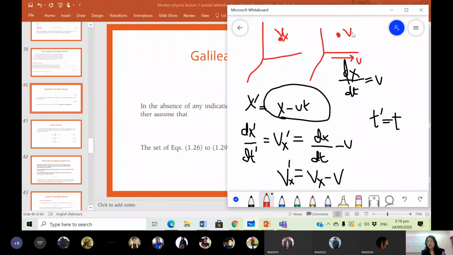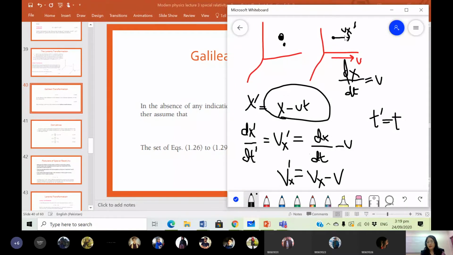Basically, some object is moving here. So this is the rest frame, and we're observing from this frame. So we will observe it to be this vx dash, which is the velocity in this frame, plus the frame velocity, right?